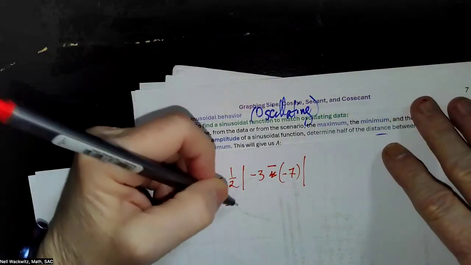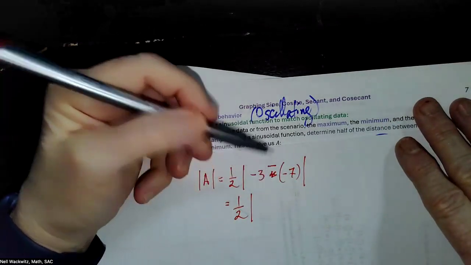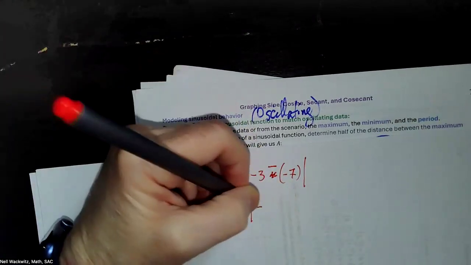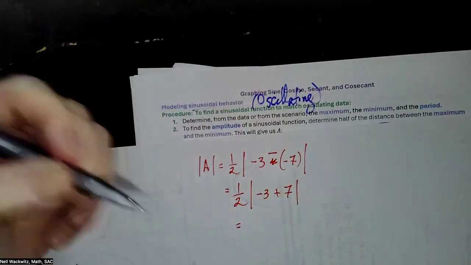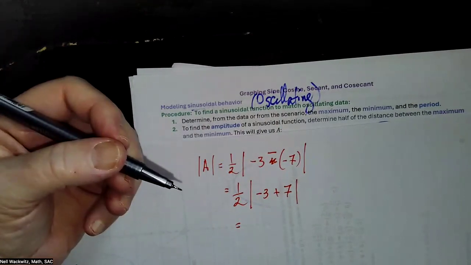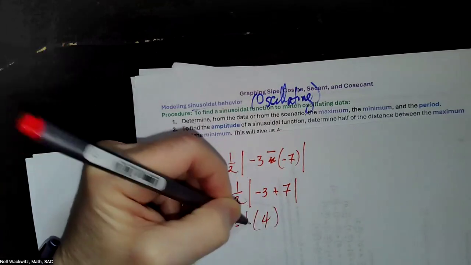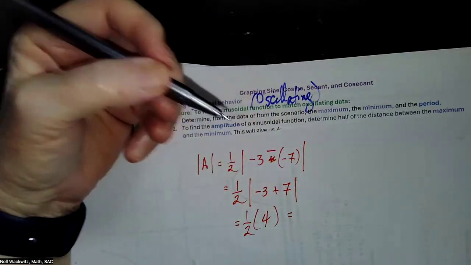And what is -3 minus -7? -10. Almost. Minus negative, so -3 plus 7. 4. Good. Absolute value of 4 is still 4, and 1/2 of 4 is 2.